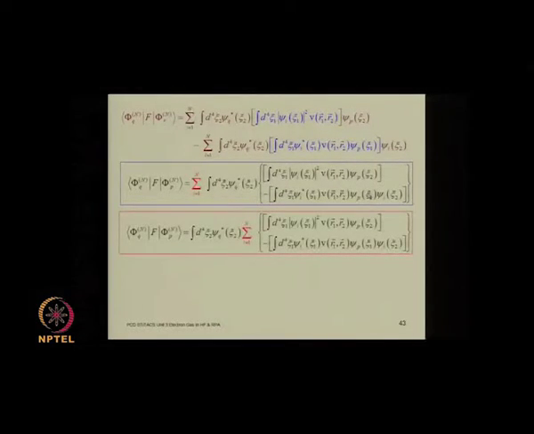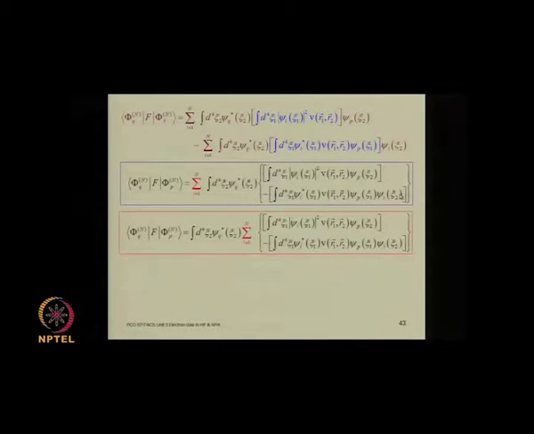So, that is what we have got. In this term in the red box, the only difference from the previous expression is the fact that the summation over I going from 1 through n does not affect anything over here, because the only I dependent terms are inside this beautiful bracket.